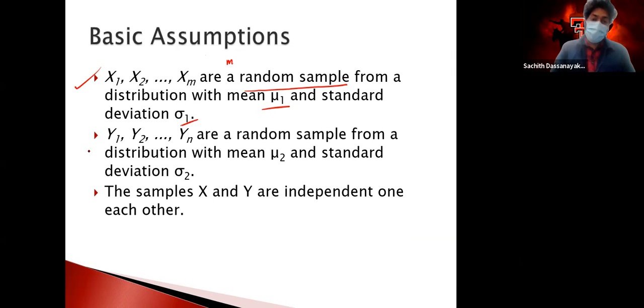From another population, we have random samples y1 up to yn, so they have n samples, with mean mu 2 and standard deviation sigma 2. The samples x and y are independent of each other.